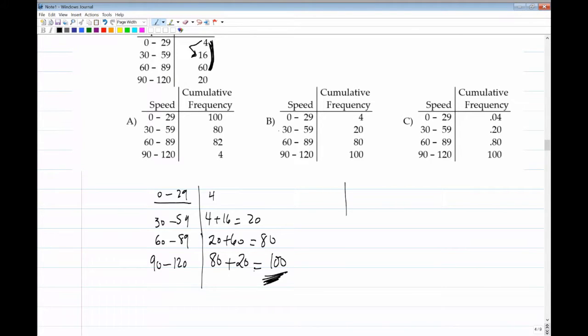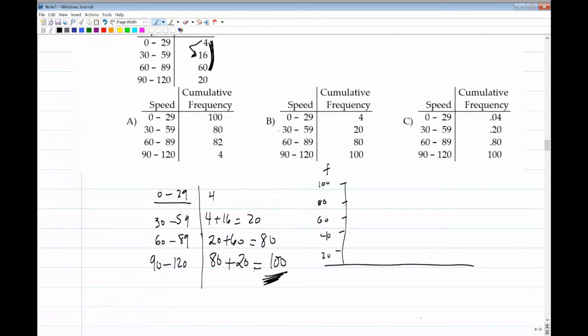If you look at the graph of this one, over here we put the frequency, let's say dividing by 20: 20, 40, 60, 80, 100.